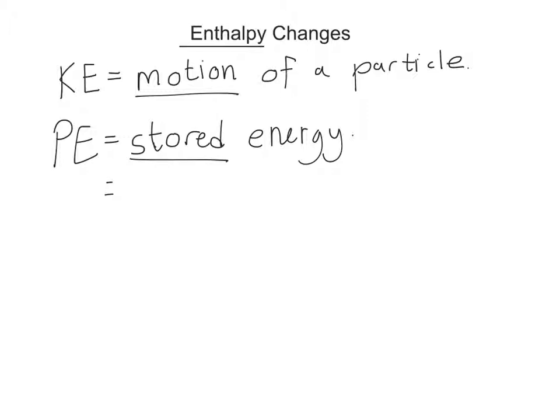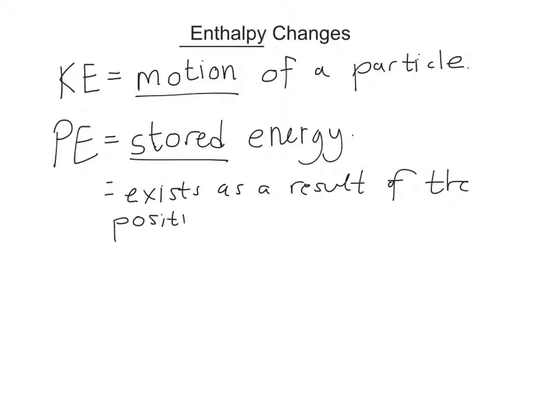When we're talking about chemistry, this is the type of energy that exists as a result of the position of a molecule, as a result of the position of objects in space.